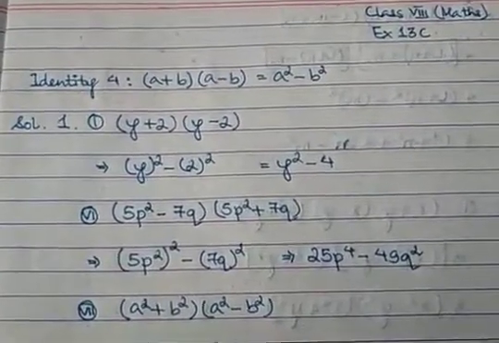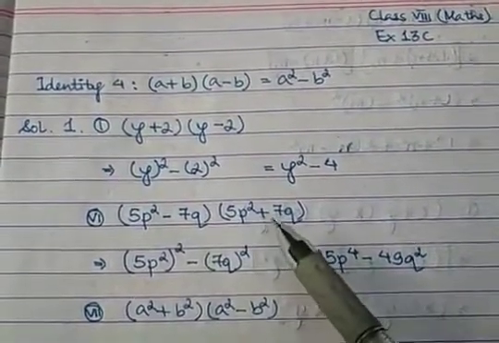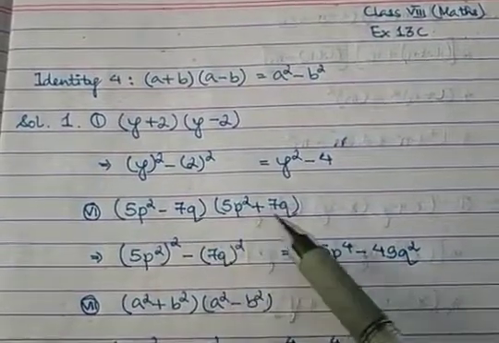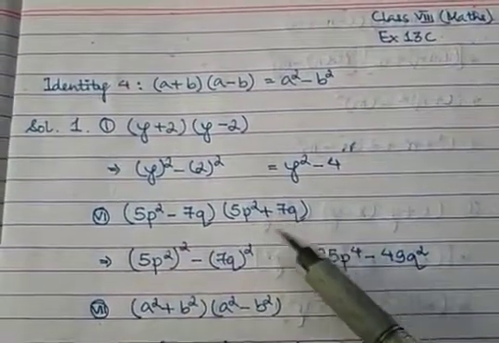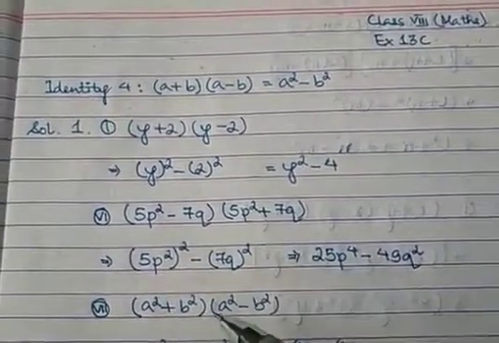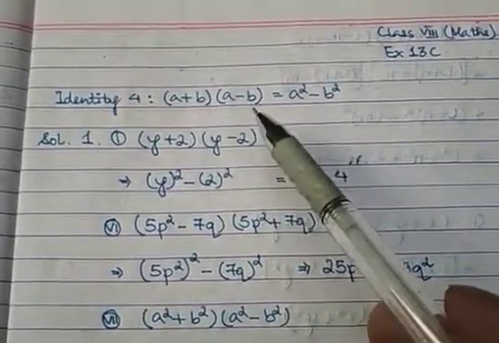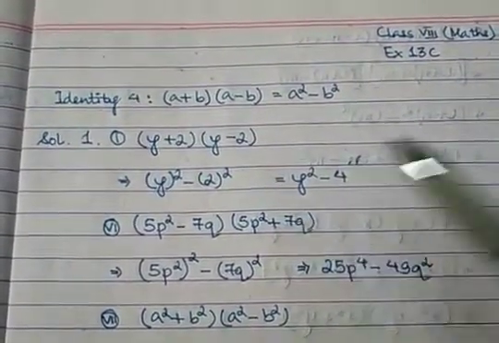The second question we have here is 5p square minus 7q, 5p square plus 7q. Again, multiplication of binomials. The first terms are the same, the second terms are also the same. It's just that the signs are different, minus and plus. So either it be a plus b into a minus b, or a minus b into a plus b, same thing, isn't it?